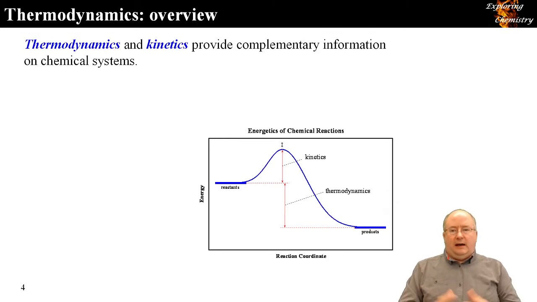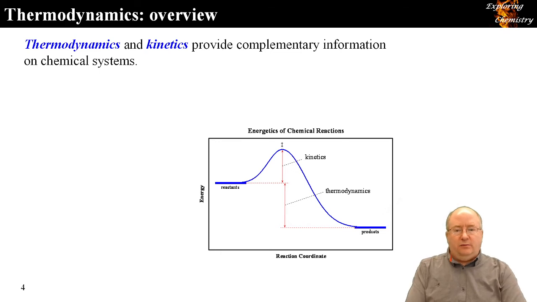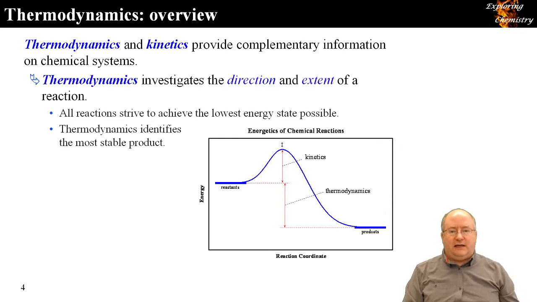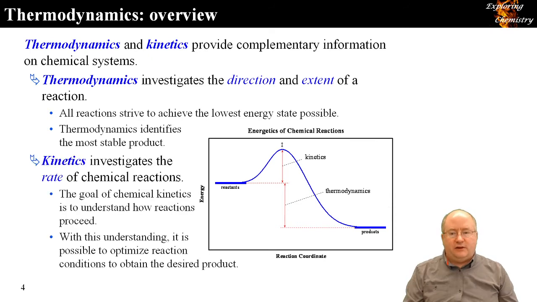So to remind you, we actually saw this page when we looked at kinetics at the beginning of the course. Thermodynamics and kinetics ultimately provide complementary information on chemical systems. When we did kinetics, I was focusing on the kinetic component. Here I'm focusing on the thermodynamics component. Thermodynamics investigates the direction and extent of a reaction.